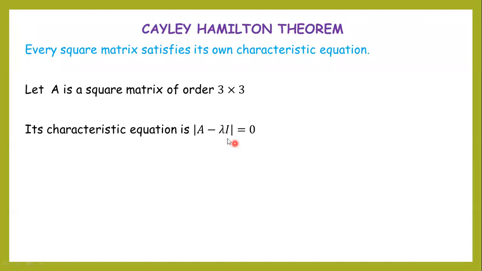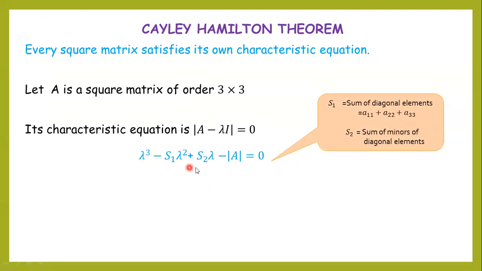But instead of writing this determinant and all, you can use this equation: lambda cube minus S1 lambda square plus S2 lambda minus determinant equal to 0, where as this determinant matrix is of order 3 by 3, we get here an equation with the power of lambda 3.